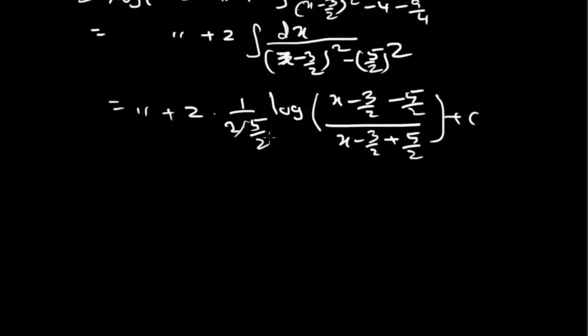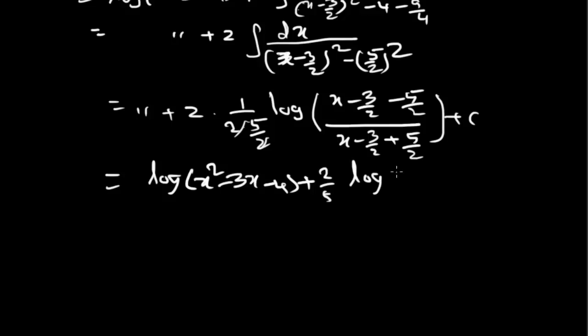Now here this 2 and this 2 cancel, and now write the complete thing: log of x squared minus 3x minus 4 plus 2 by 5 into log of, minus 3 by 2 minus 5 by 2 is minus 8 by 2, which is minus 4, (x minus 4) by (x plus 1), plus c.